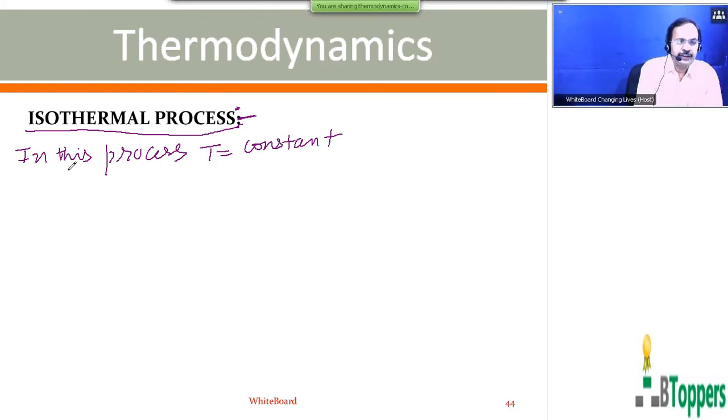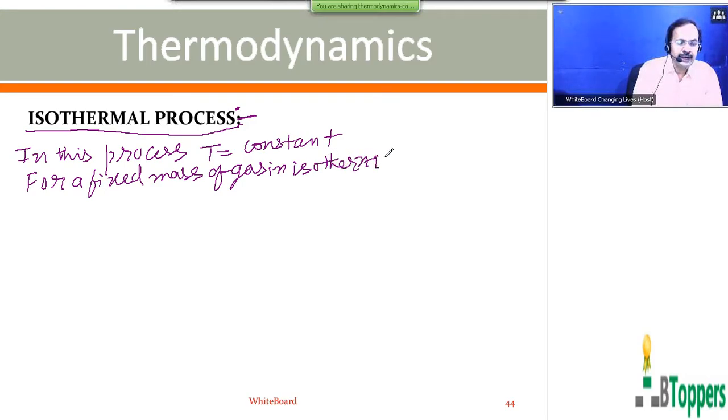So if you consider a fixed mass of a gas in an isothermal process, temperature remains constant. The internal energy of a fixed mass of an ideal gas with a given atomicity depends only on the temperature of the gas.